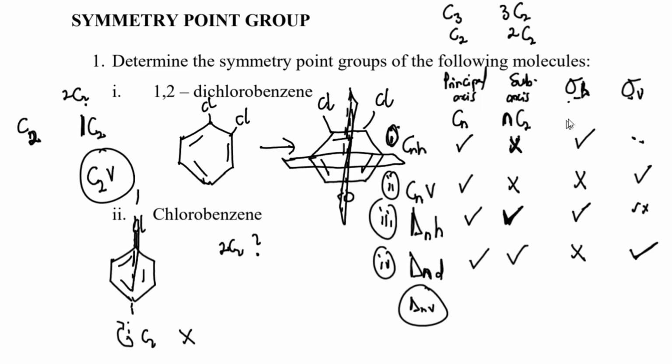Let's look for sigma H. Sigma H is perpendicular to the principal axis, and it's absent, because what is here is different from what is here. The last one is sigma V, which is present. So basically we have the structure to be C2 and sigma V, so we have C2V also, right?